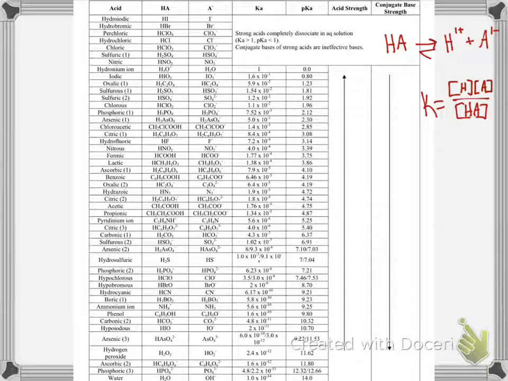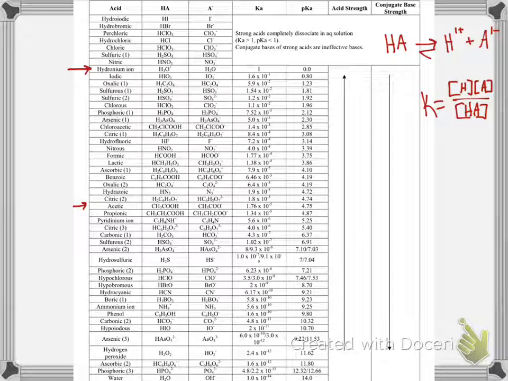Well, let's go ahead and take a look at this chart. Let's go ahead and find these two acids. If you take a look, acetic acid is right here. And then the H3O+, which is the hydronium ion, is right there. According to this chart, the hydronium ion is the stronger acid.